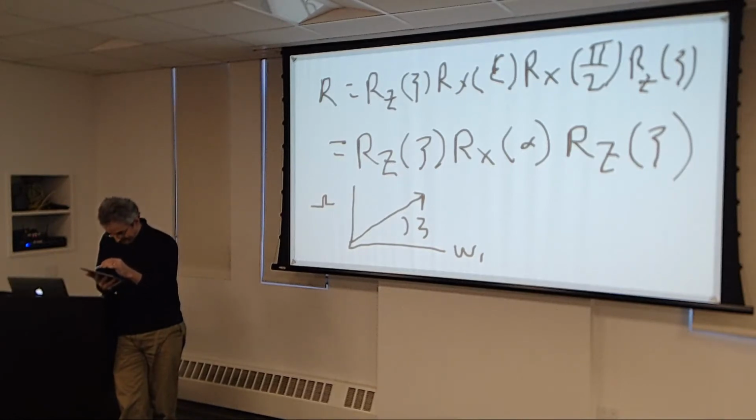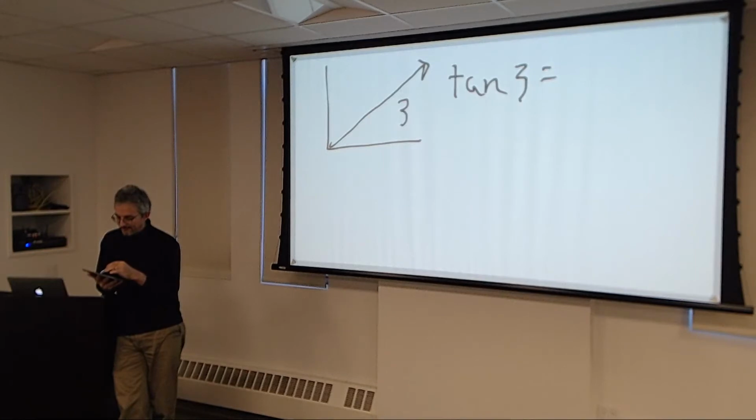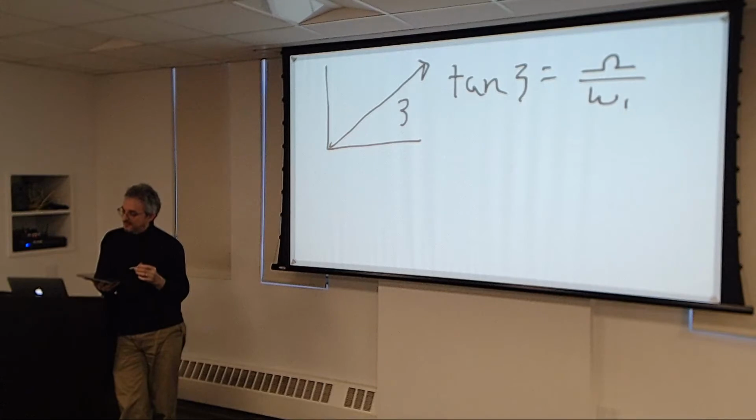So if we do that explicitly as well, here we have zeta, and by trigonometry, tan zeta has to be capital Omega over omega 1, because tangent is the opposite length of the triangle over the adjacent length of the triangle.